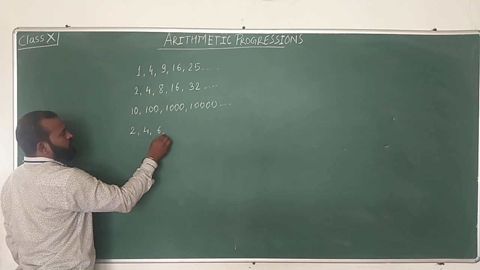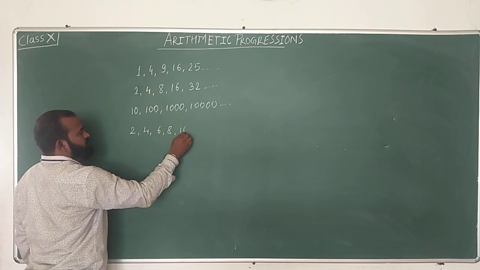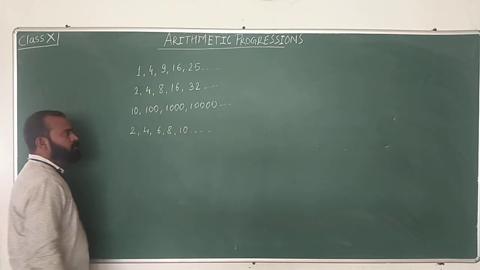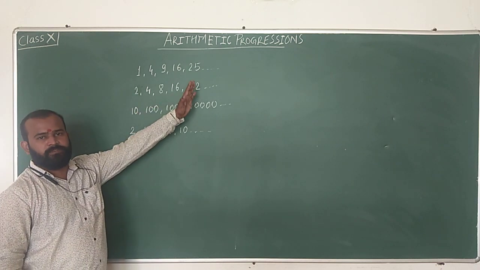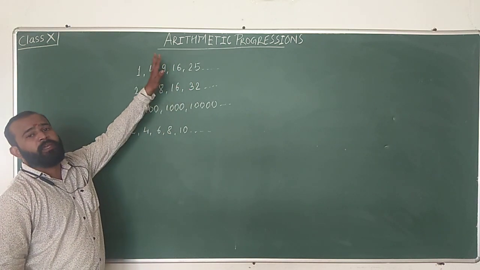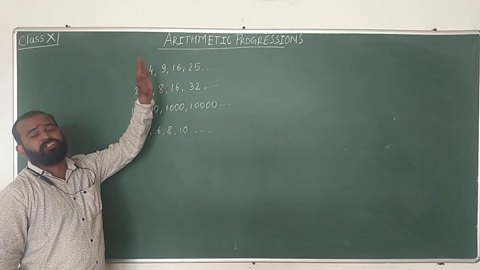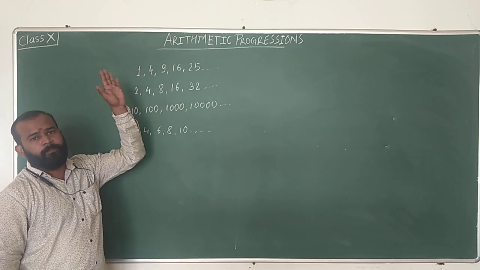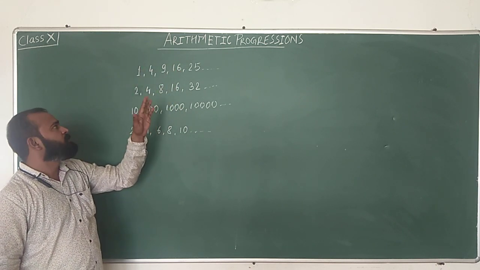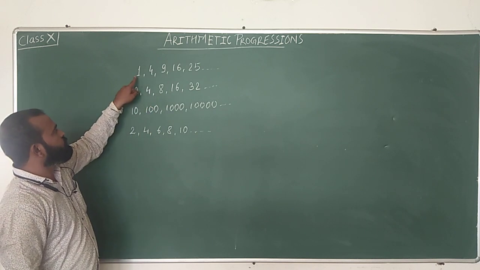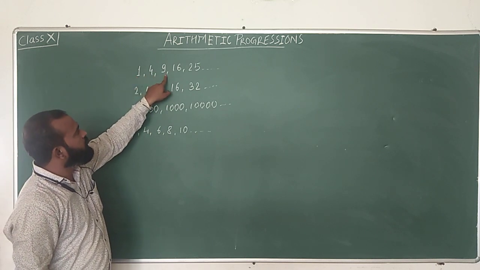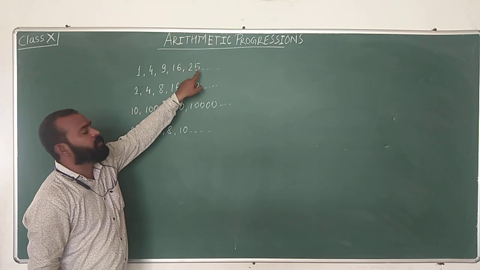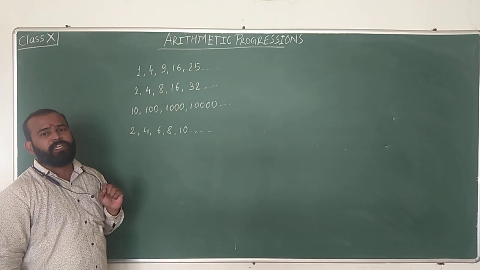2, 4, 6, 8, 10 and so on. Now why is this called a pattern? Because this may be defined by some rule or by some condition. See here there is 1, 4, 9, 16, 25 and so on. What can we define?